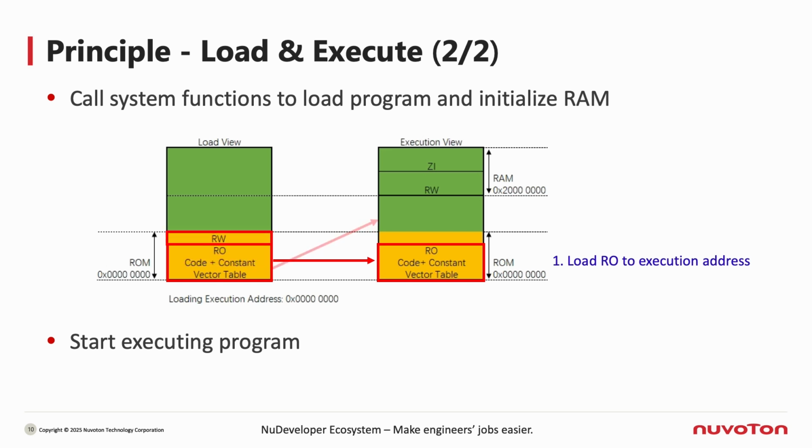Then copy the global variables with initial values from the RW area of ROM to RAM. Finally, initialize the ZI region to 0. After initialization is complete, the application program begins to execute, and when an interrupt is generated, it jumps to the vector table to find the address of the interrupt handling function.